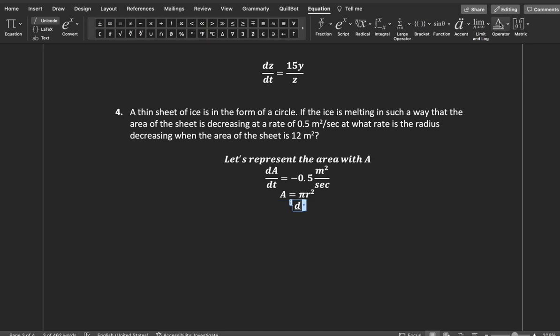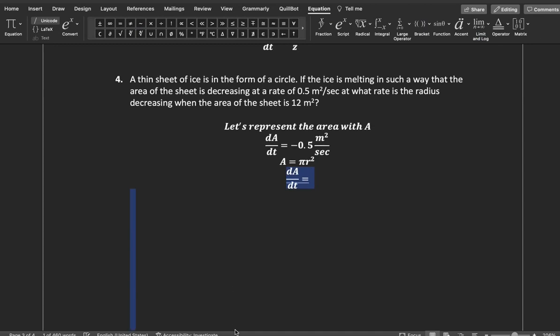Well, you would get dA dt is equal to pi multiplied by 2, right?